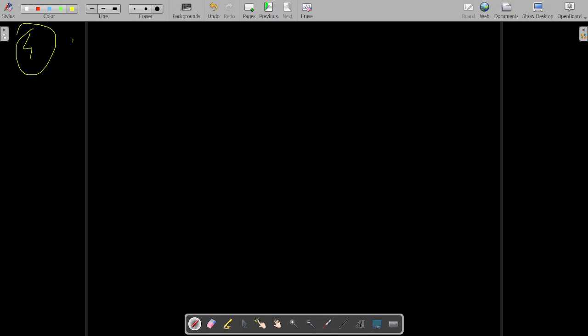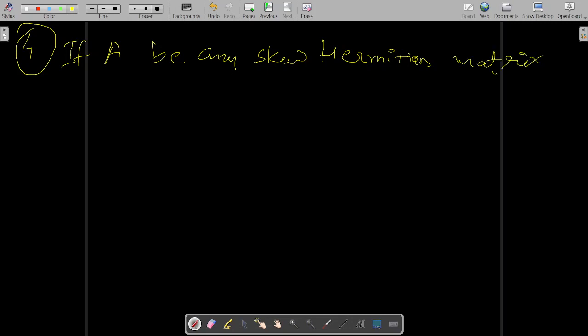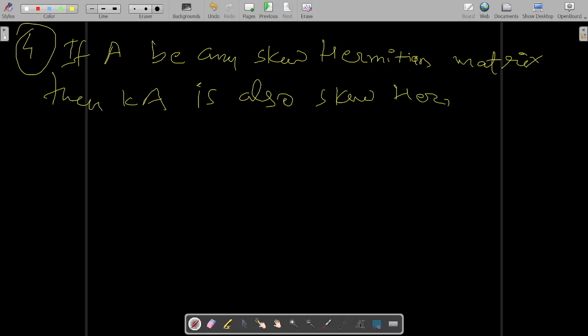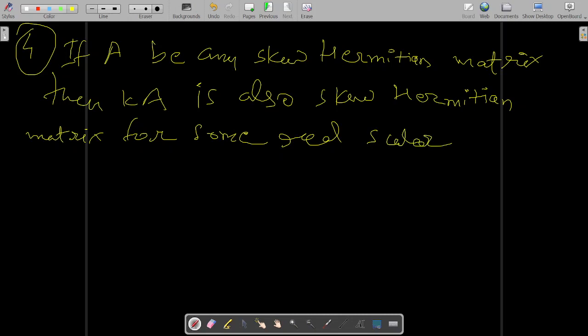If A be any skew Hermitian matrix, then kA is also a skew Hermitian matrix for some real scalar k.